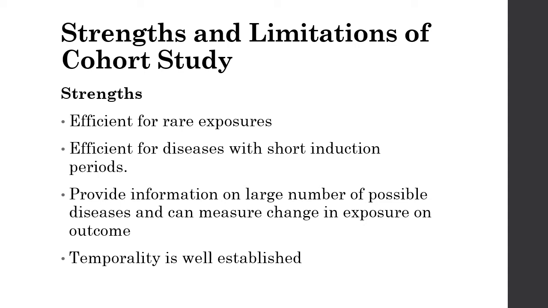Of course, if you do that, you will be more focused and it's correct. But sometimes people want to take advantage. Since I'm following a group of people over time, I might also want to take advantage of all the costs and time that it will consume and look at different exposures and different outcomes. And that is of course a very good thing to do if you can do it accurately enough.